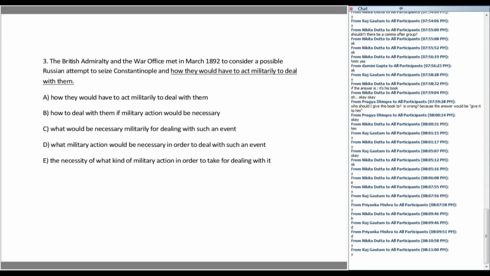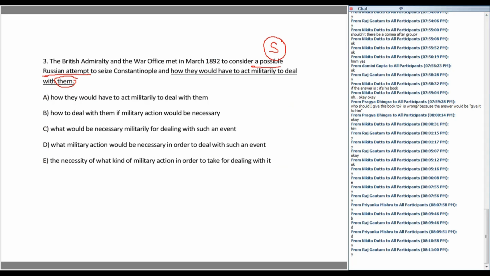The question is, who are them? Why have they met? Because they are talking about a possible Russian attempt. It is singular. So they are not going to deal with them. They have to deal with it. They have to deal with an event that is going to happen. Okay? So the word them is wrong.